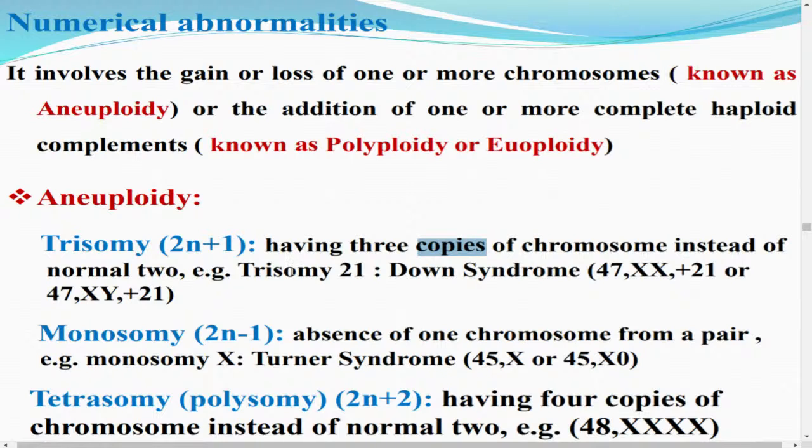Example: trisomy 21, Down syndrome, 47,XX,+21 or 47,XY,+21.